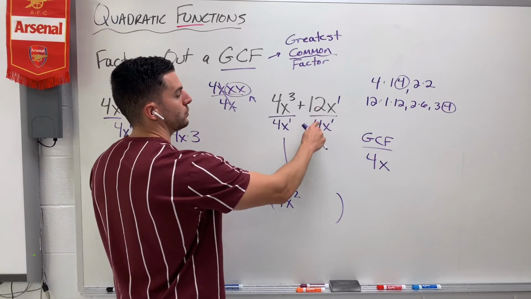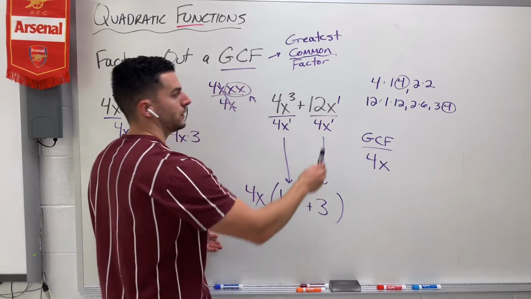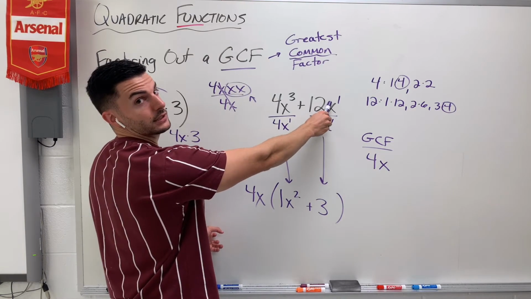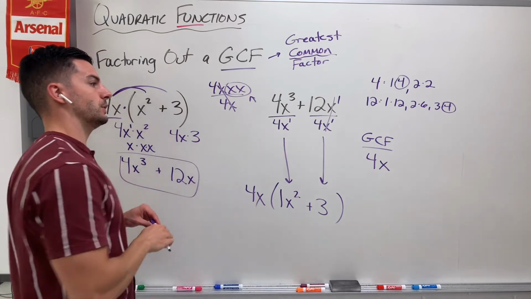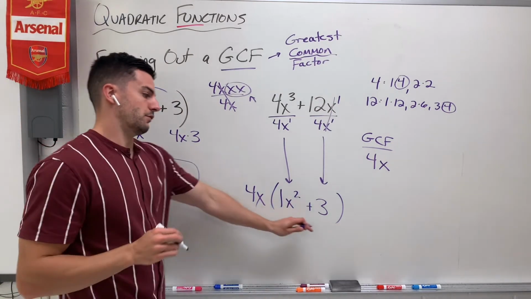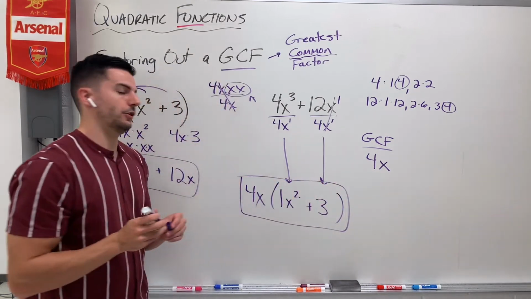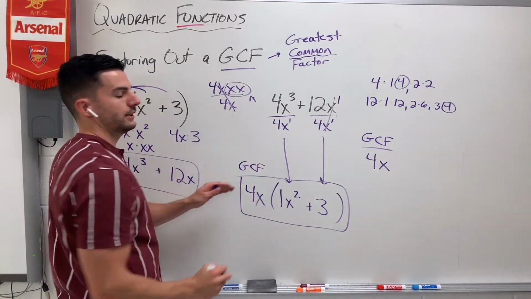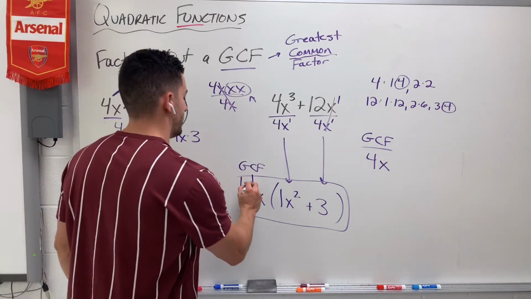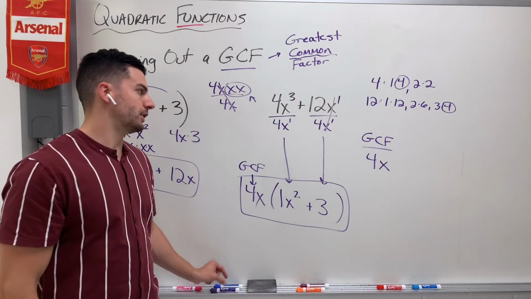And then 12 divided by 4 would be positive 3, and then x to the first, just 1x divided by 1x on the bottom, those both cancel, so you're left with just 3. And that would be the answer, 4x times x squared plus 3. The key is that the GCF is the term that's written on the outside. Okay, so there we go.